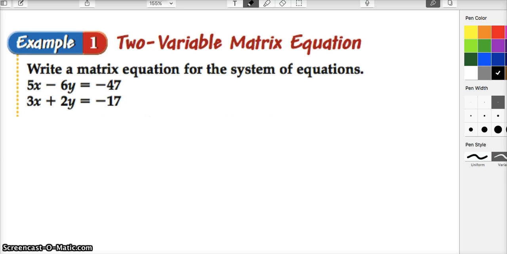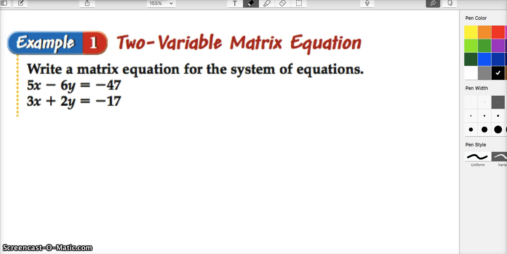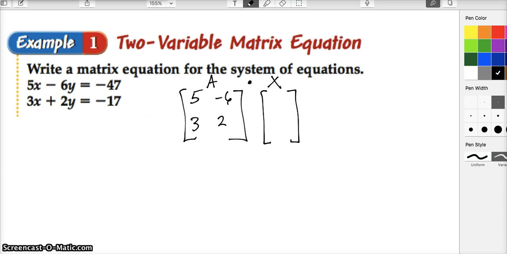We're going to write a matrix equation for the system of equations. From the last situation, we have the coefficient matrix with the numbers 5, negative 6, 3, and 2, which we refer to as A. If we multiply it by the variable matrix, which we call X, and that is just X and Y, we get the constant matrix, which I still want to call the answer matrix: negative 47, negative 17.